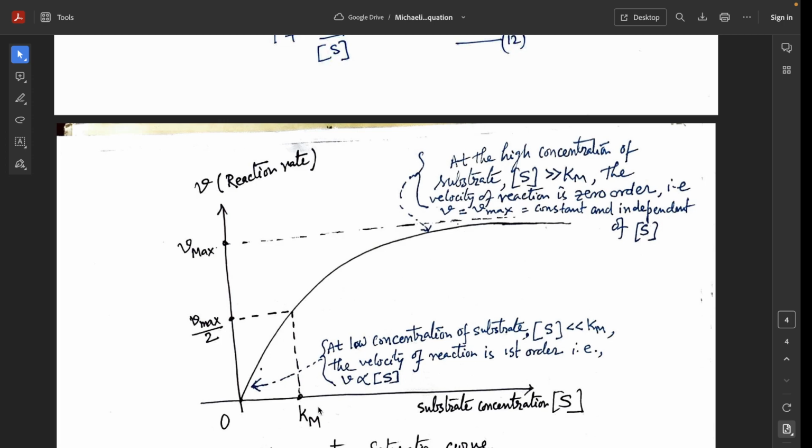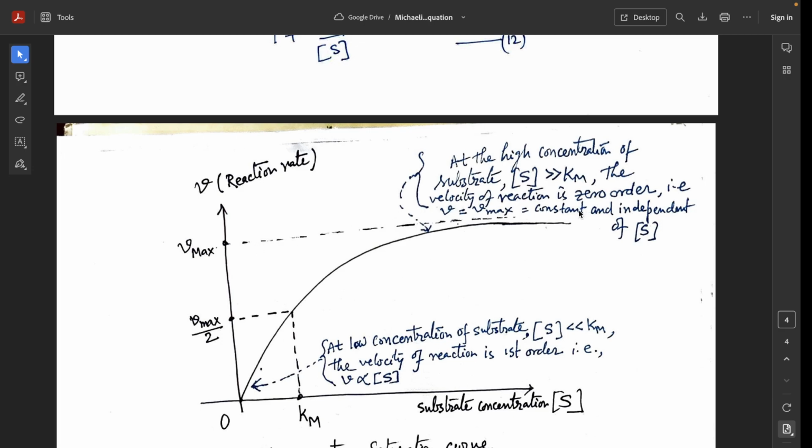So Km is this point where V is equal to Vmax by 2. When the concentration of S is greater than Km, V is a constant value.